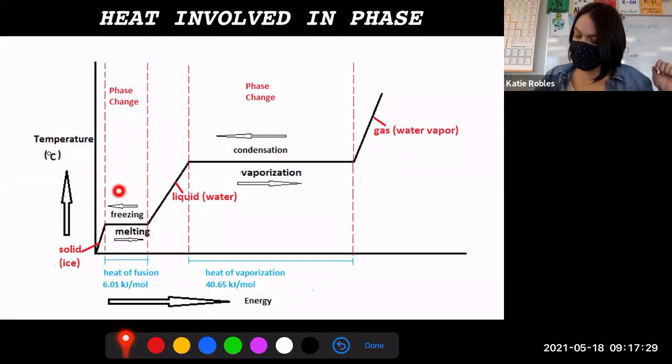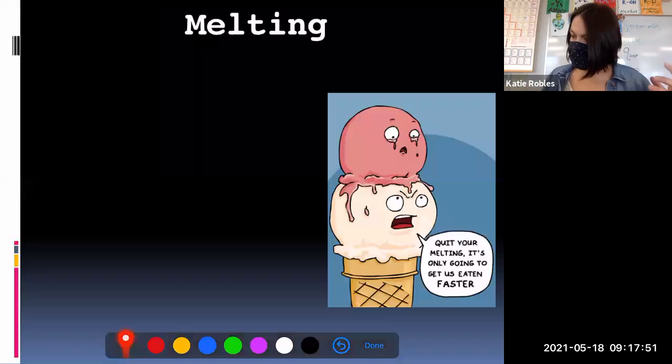We call this portion right here fusion. The word fusion basically means melting, and we call this portion vaporization. You could have the word boiling here. That's really fine. So keep this graph in mind as we go through here.